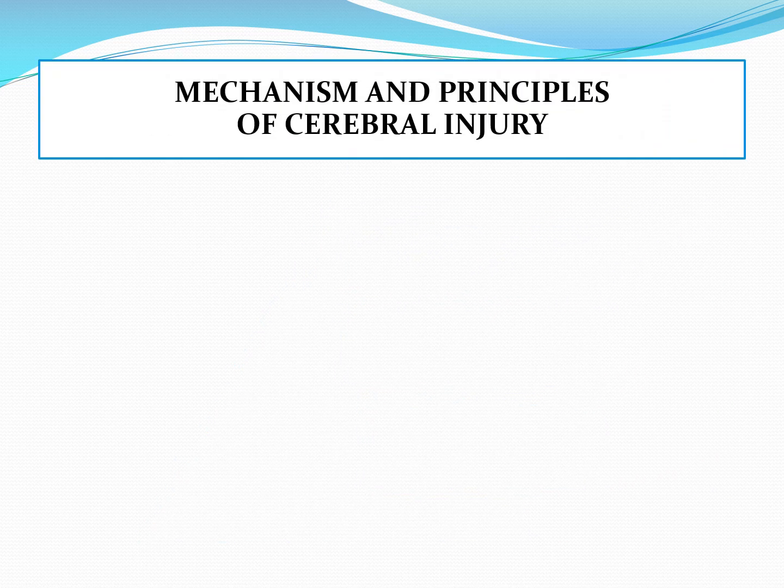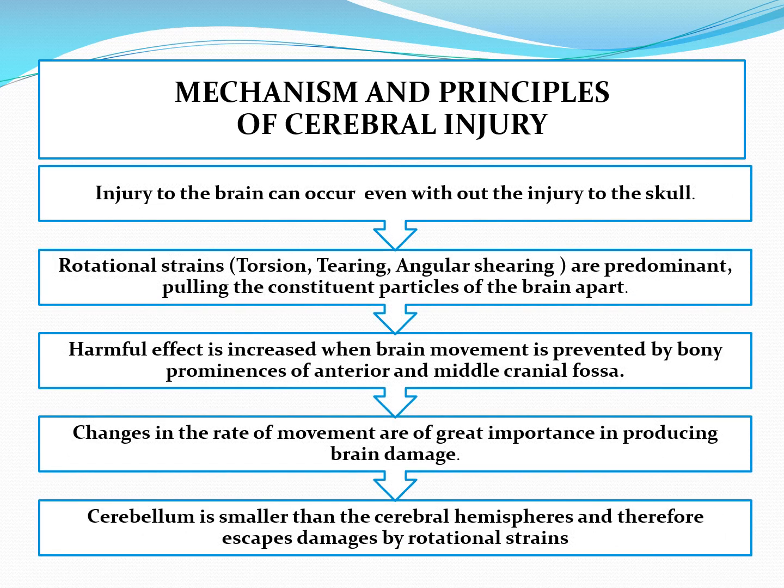So in summary, for the mechanism and principles of cerebral injury, we have certain points to remember. The first one: injury to the brain can occur even without injury to the skull. Rotational strains, that is torsion, tearing, angular or shearing strains, are predominant, pulling the constituent particles of the brain apart.